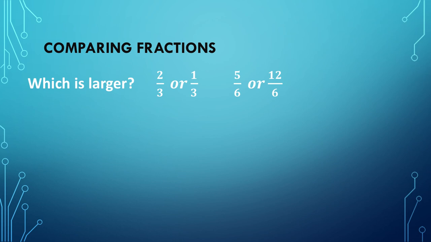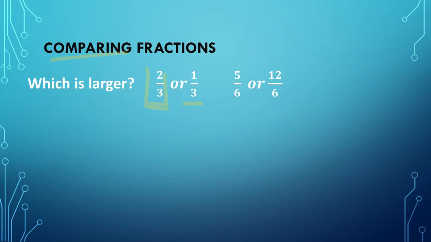Now let's go ahead and look at comparing fractions. So we're trying to figure out which fraction's larger, which fraction's smaller. Now, these ones are friendly for us, and maybe you already know why, but let's look at this first one. We have 2/3 and 1/3, and I'm hoping right away you notice they have a common denominator. They have a common bottom number of 3. Therefore, for us to compare, that's a little simple. We know that they're the same amount of pieces in their whole.